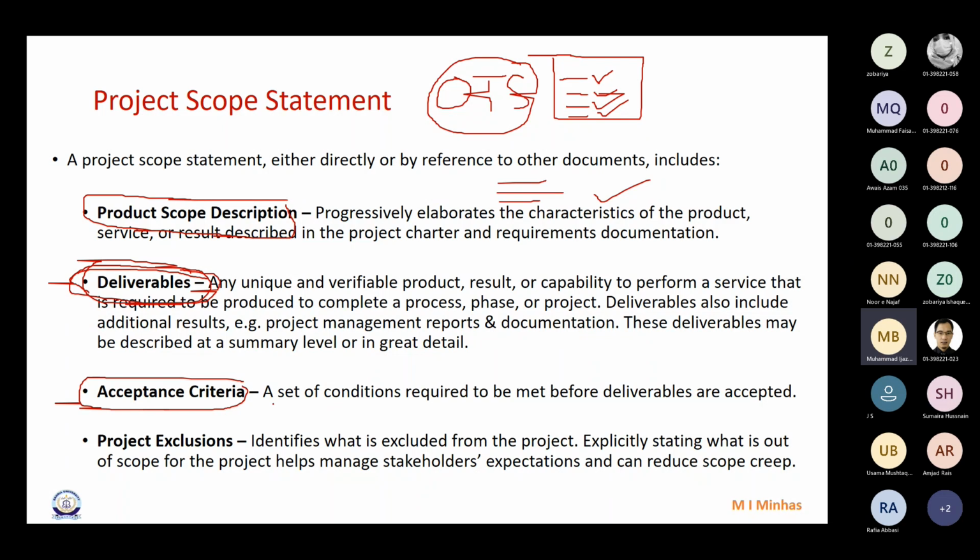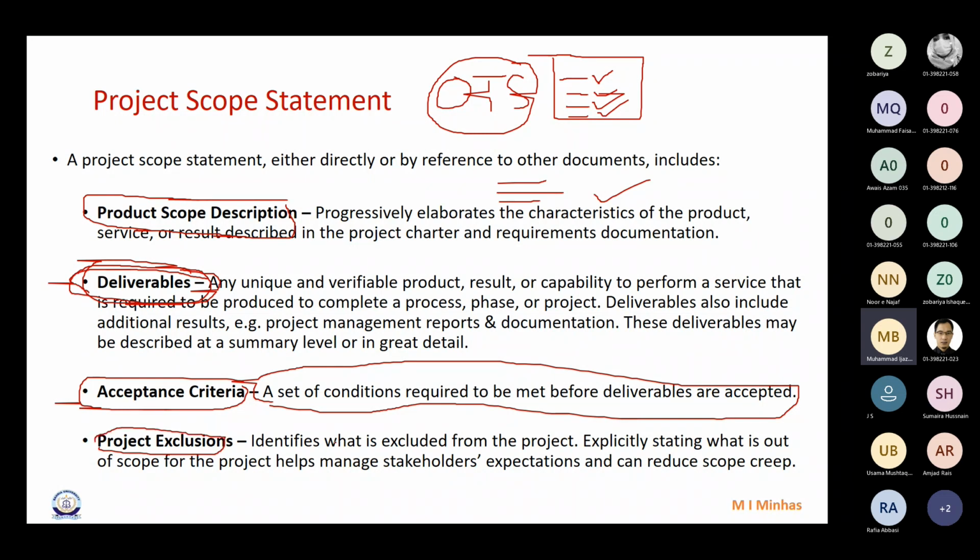Please do remind me. So now a set of conditions required to be met before deliverables are accepted would be called acceptance criteria. Then project exclusion. That means things that are not part of the project, the outscope. And here we need to tell everyone clearly so that it will help us in managing stakeholder expectations.